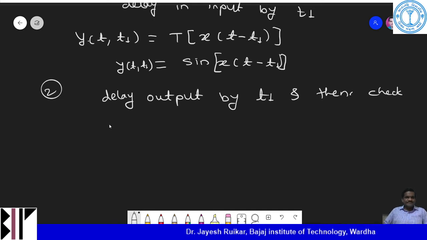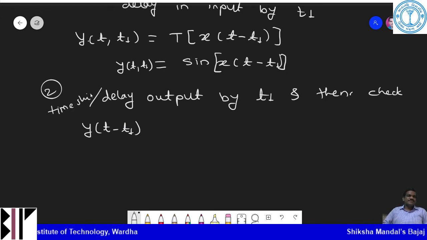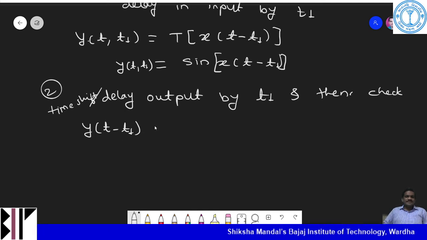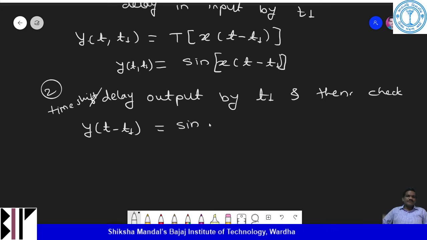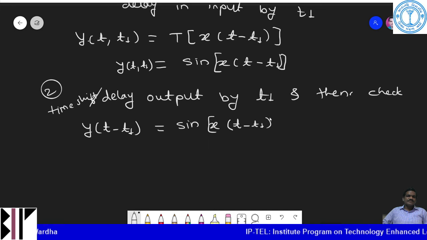Or you can say t minus t1, shift the output, or you can say time shift the output. Y of t minus t1 is nothing but sine of x of t minus t1.